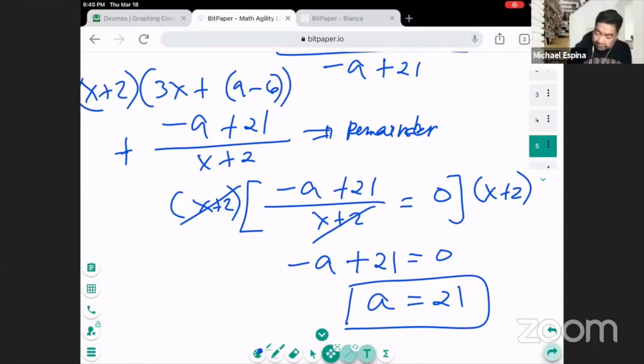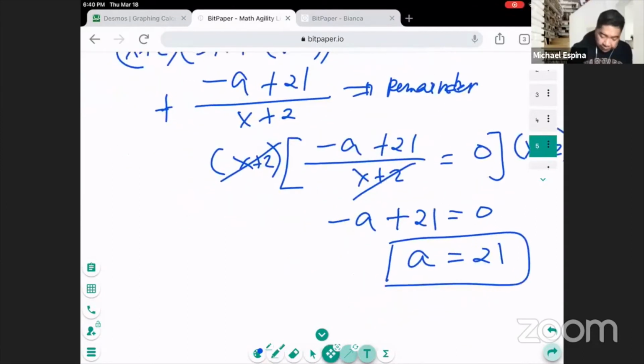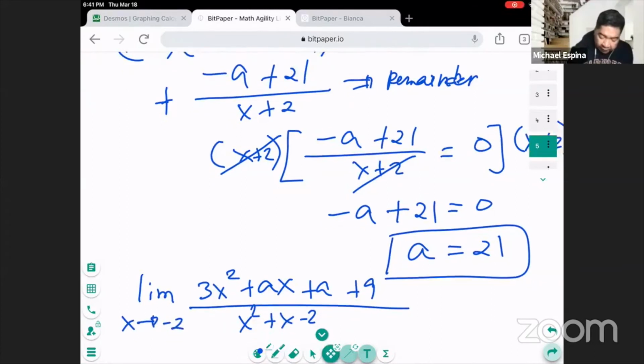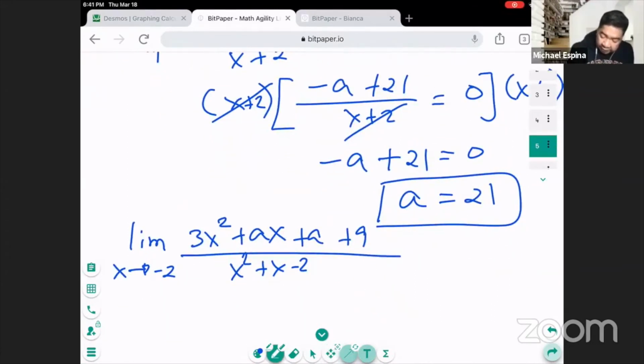So the limit of 3x squared plus ax plus a plus 9 all over x squared plus x minus 2, as x approaches negative 2. Now let's try to substitute this value.